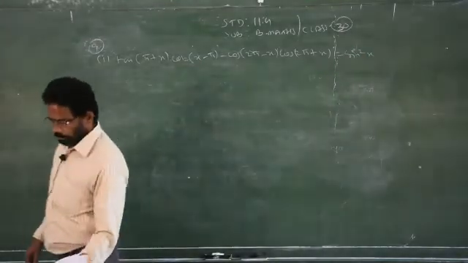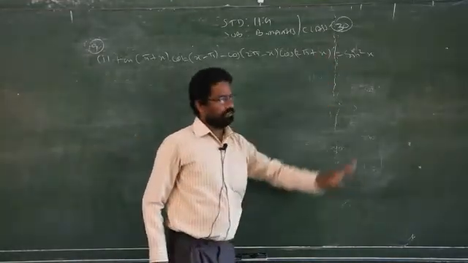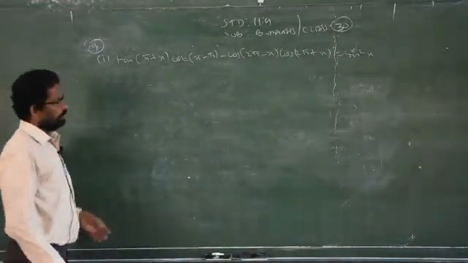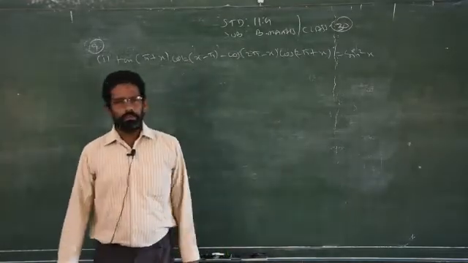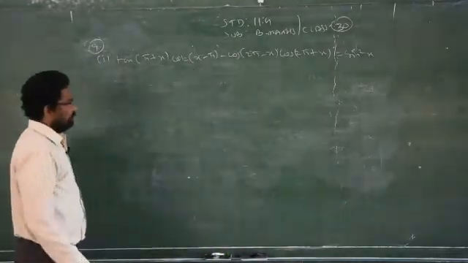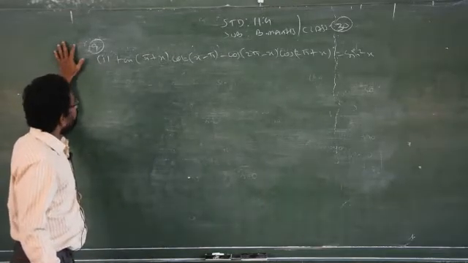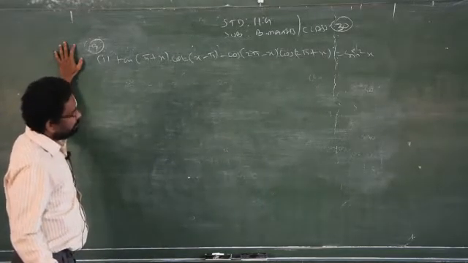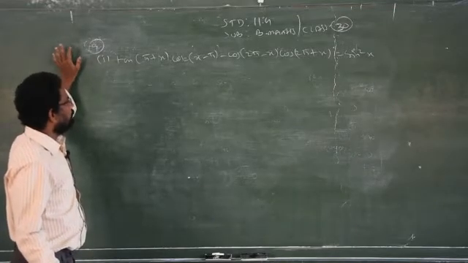So you have to prove that this is equal to what? Sin square x. As usual you have to refer to the graph as well as the rule: 180 plus or minus theta, 360 plus or minus theta, 270 plus or minus theta, 90 plus or minus theta. Remember the concept, then you can proceed.